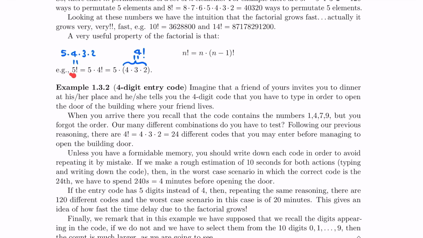You can write 5 factorial as 5 times 4 times 3 times 2, but also as 5 times 4 times 3 times 2, which is 4 factorial. And so 5 factorial is exactly the same as 5 times 4 factorial.